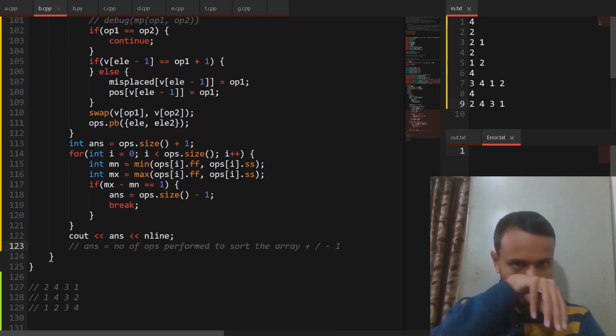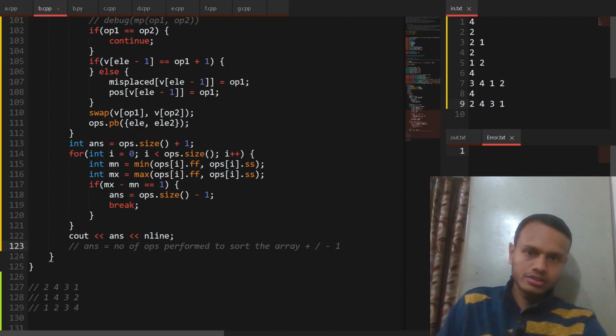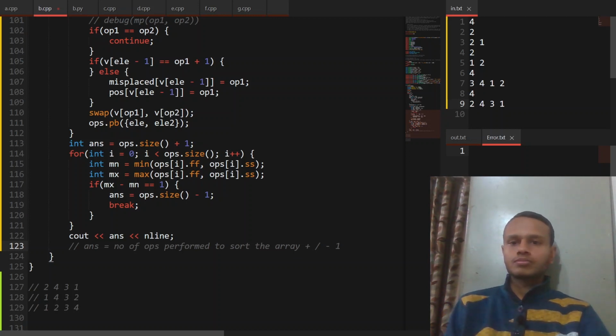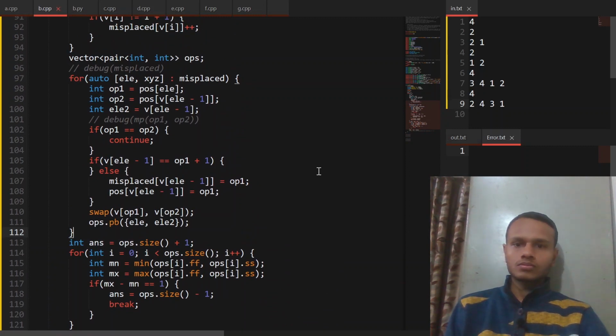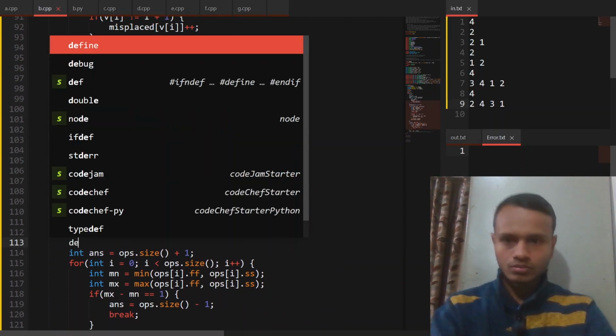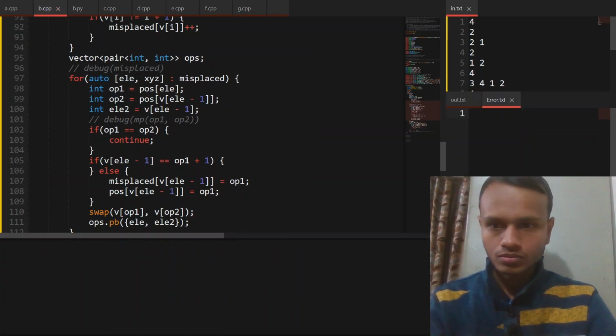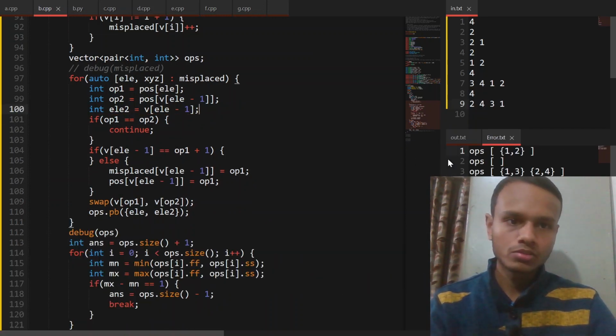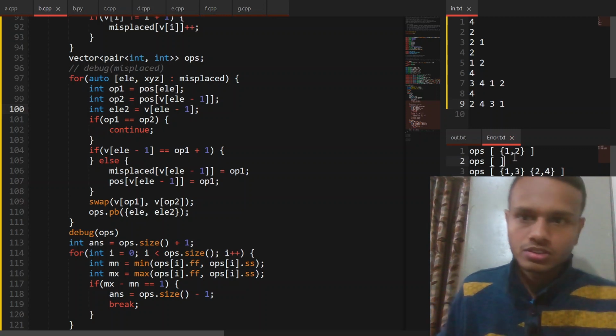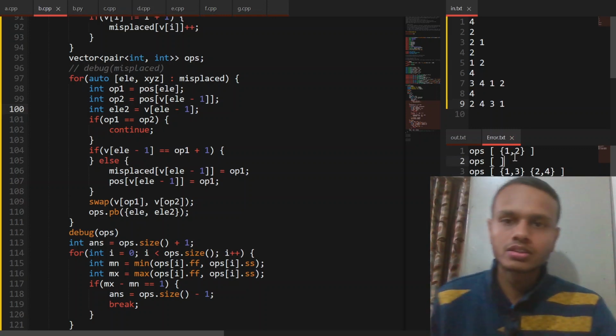So this thing is not correct, it seems like. I hope I am not messing up the implementation of what I am thinking.